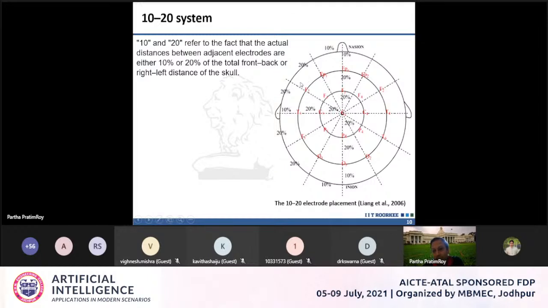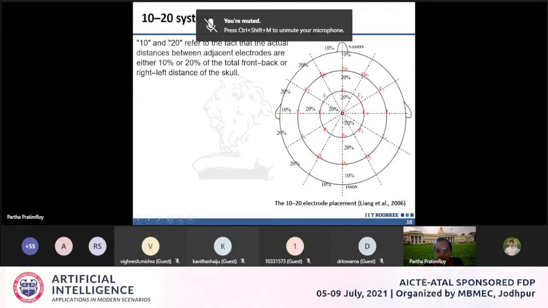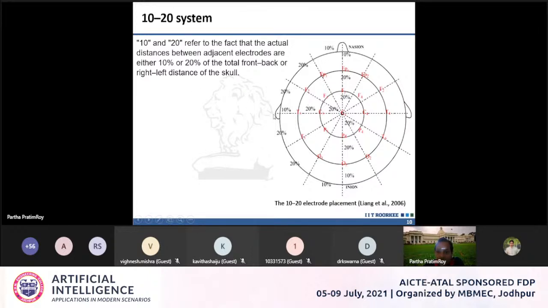Similarly, for the frontal or occipital, everywhere around the circumference, it will be 10%, and after that 20-20. That's the standard, front to back or left to right.